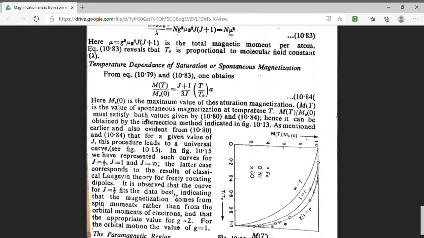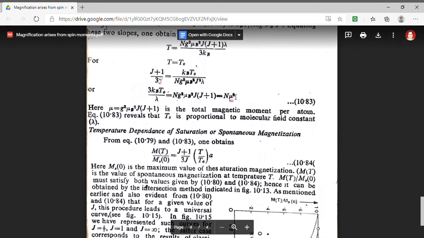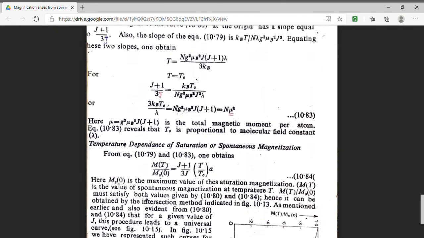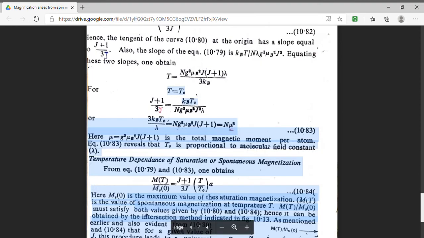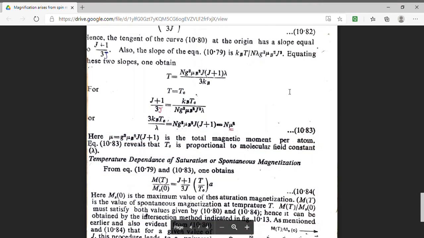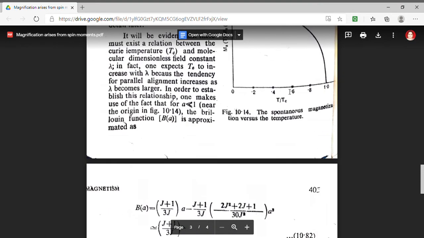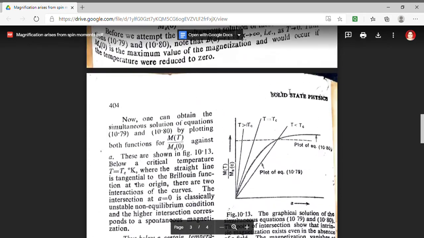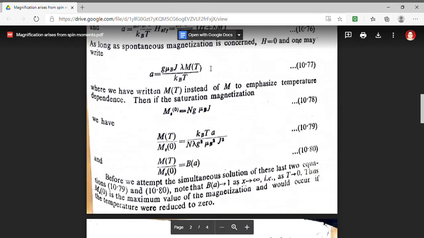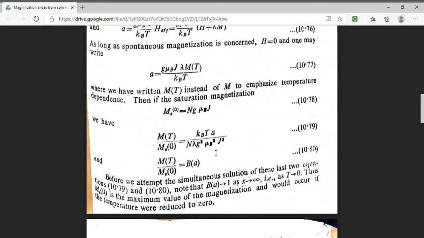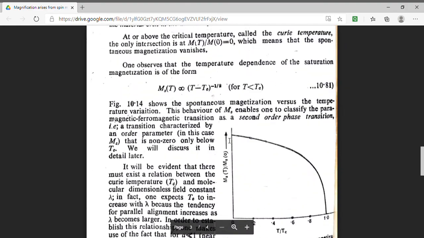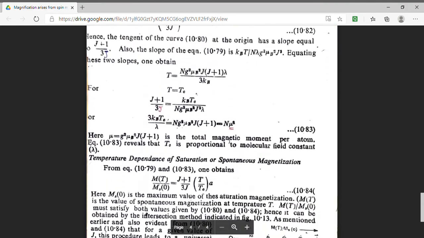Since we have derived our expression, this one, from here we are putting the values in our earlier expression, which was M upon Ms0 equal to kBT/(nλg²μB²J²) A. I am putting the values I have obtained in this expression.